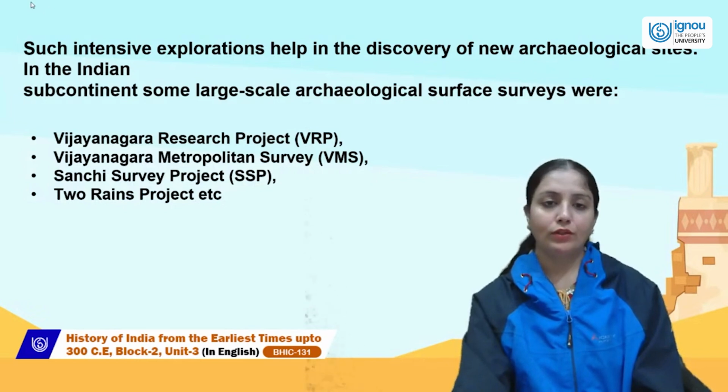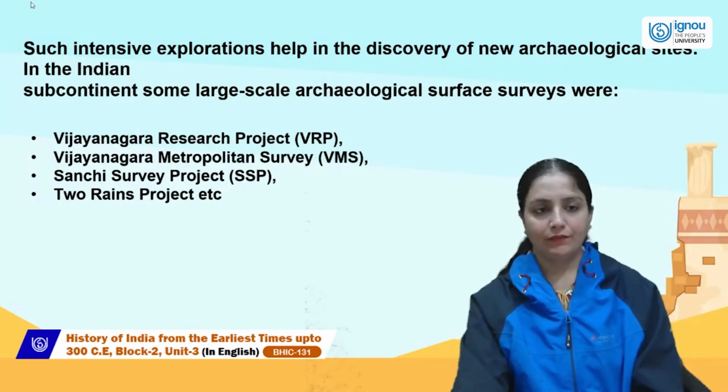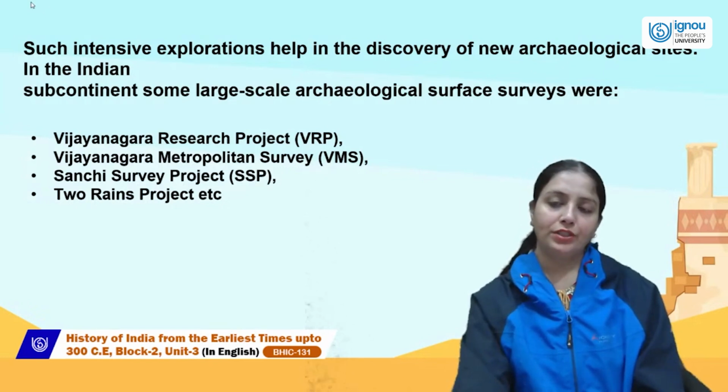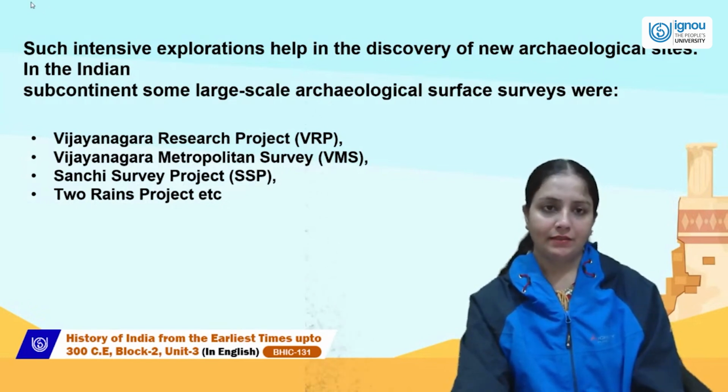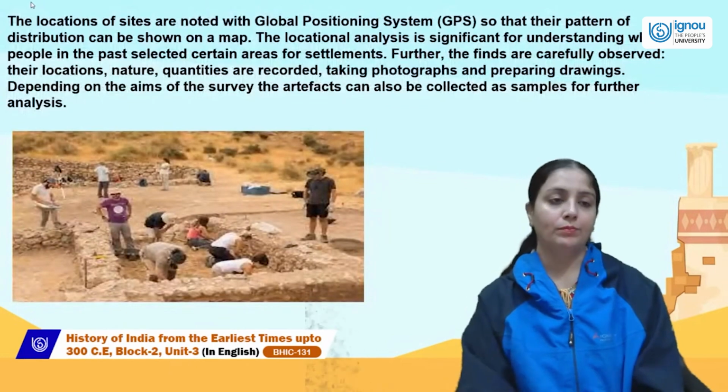You have heard and read a lot of stories about him. Vijayanagara Metropolitan Survey (VMS), Sanchi Survey Project (SSP), and Two Range Project, etc. These were the archaeological surface surveys on a large scale, which we have shown in that book.